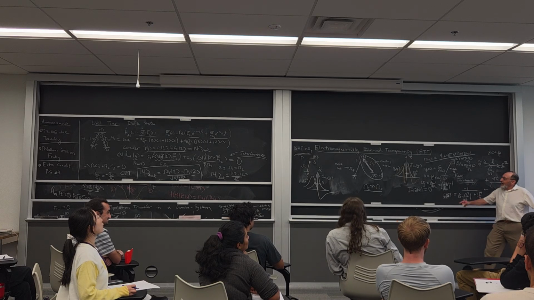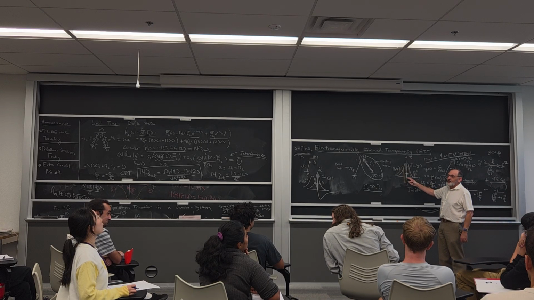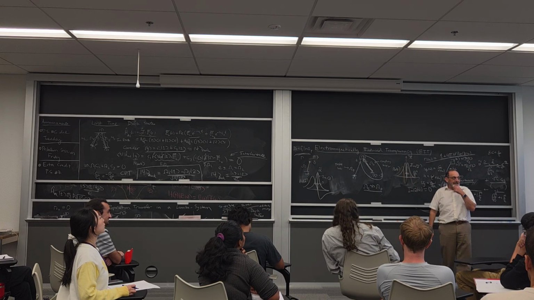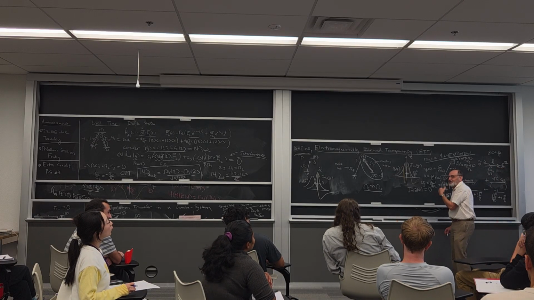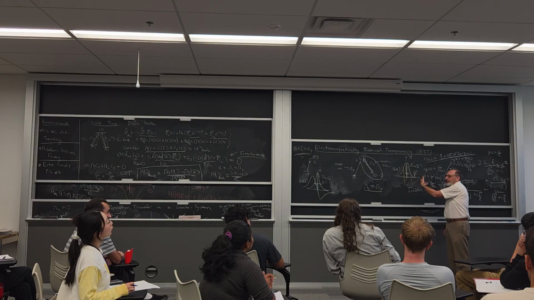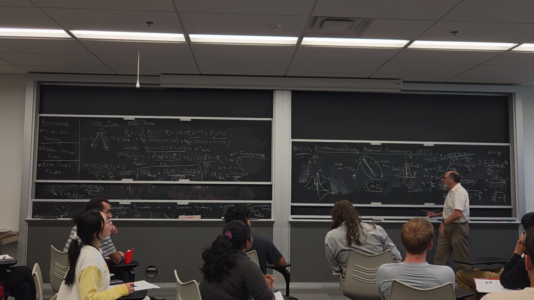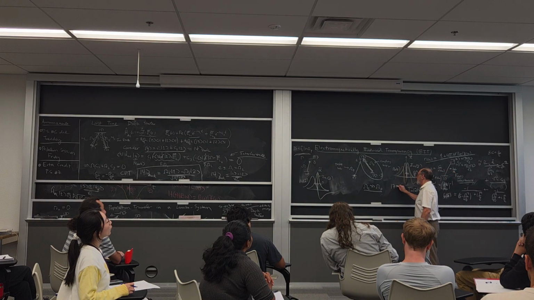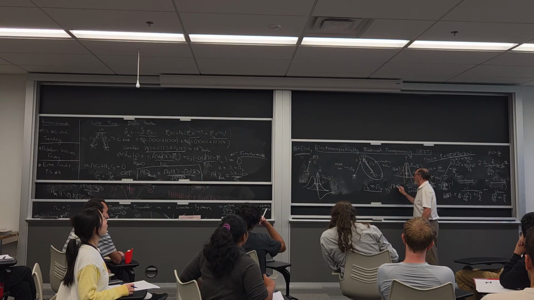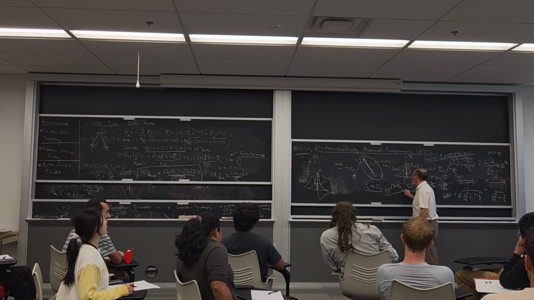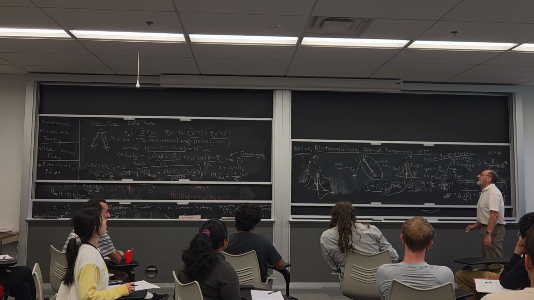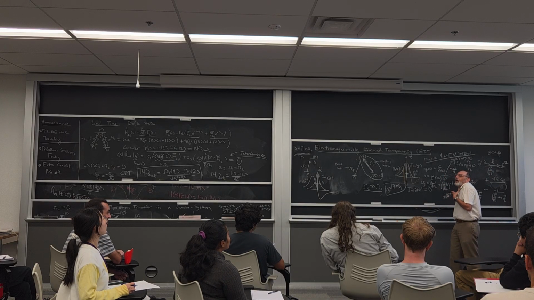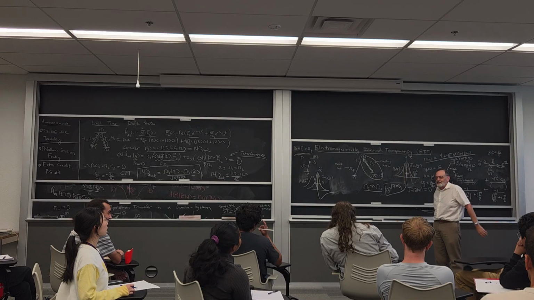In fact, there was a famous experiment done in 1999 where they did EIT with sodium atoms, and they put a pulse in on resonance, and the light went at 17 meters per second, which is about how fast I ride on a bicycle. And this is what's called slow light.